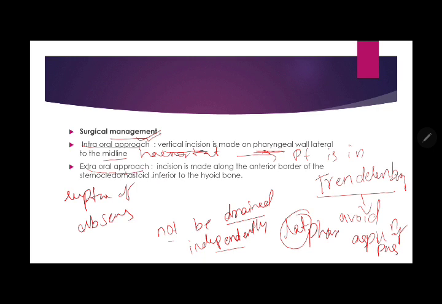In this extraoral approach, the incision is made along the anterior border of the sternocleidomastoid muscle, inferior to the hyoid bone, and later this muscle and the carotid sheath are retracted laterally, which helps in the drainage of the retropharyngeal space.